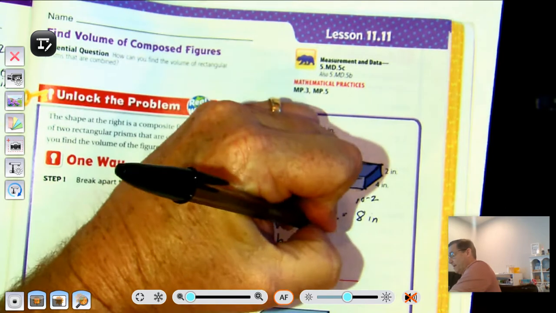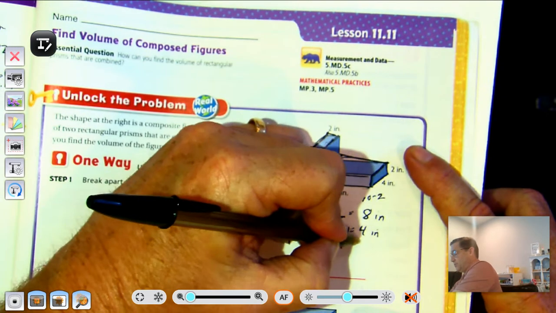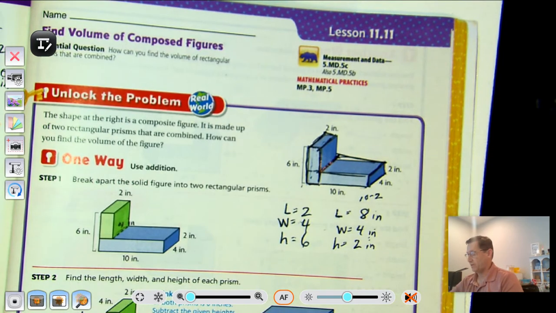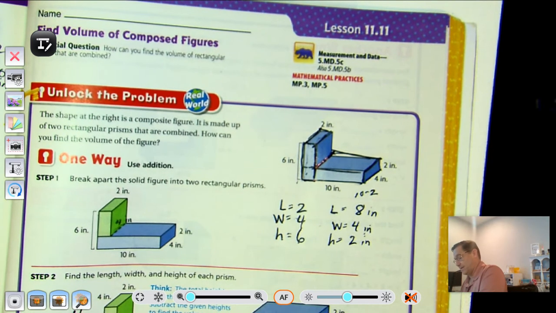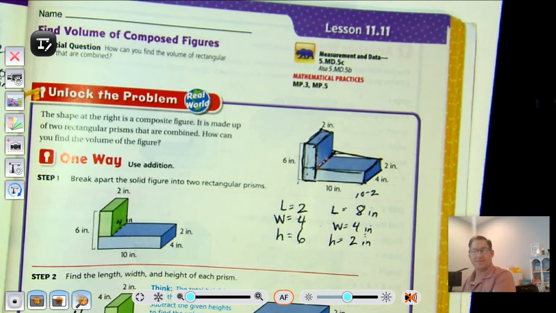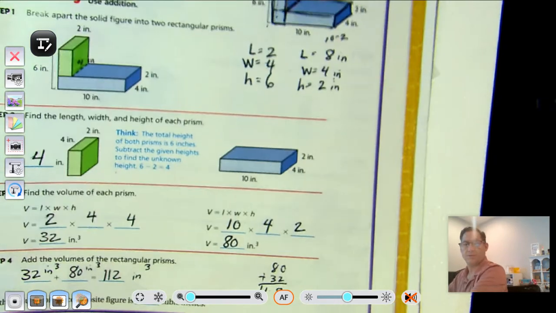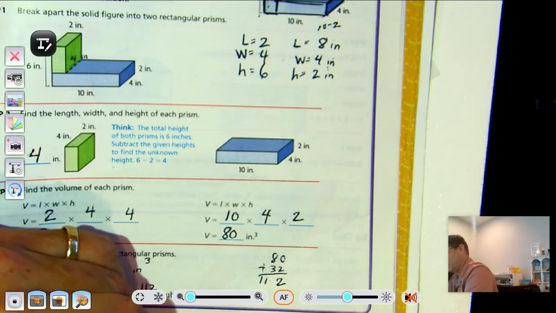The width would stay the same at 4, and the height would stay the same as 2. So what is another way we could divide the composite figure? Well, we could have 2 times 4 times 6 plus 8 times 4 times 2.